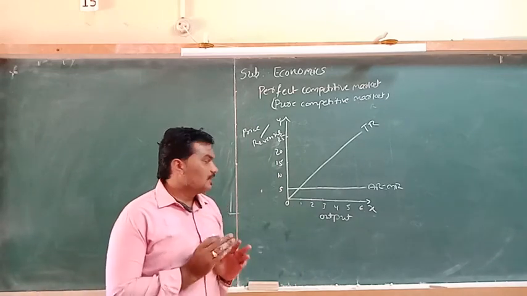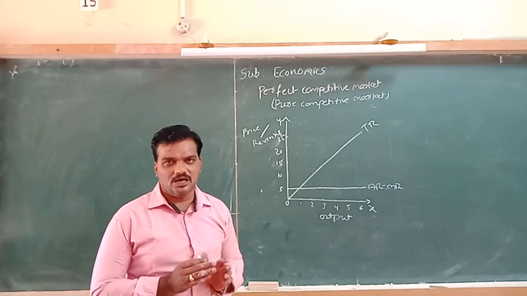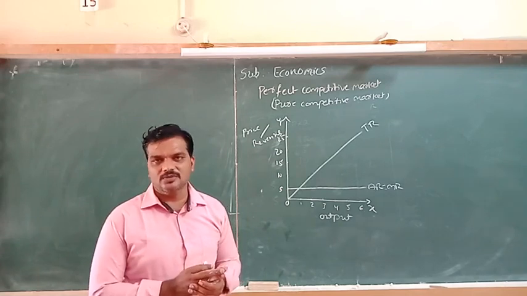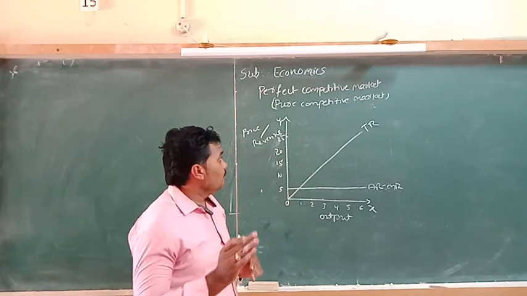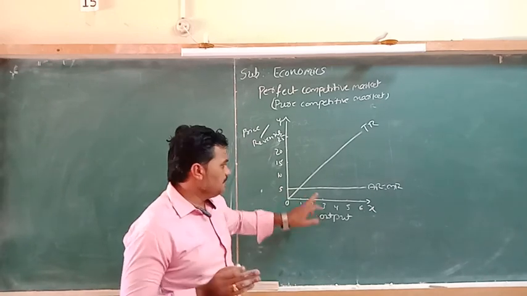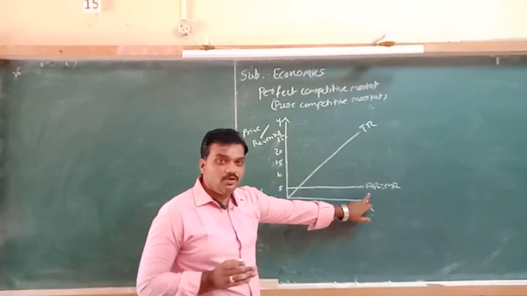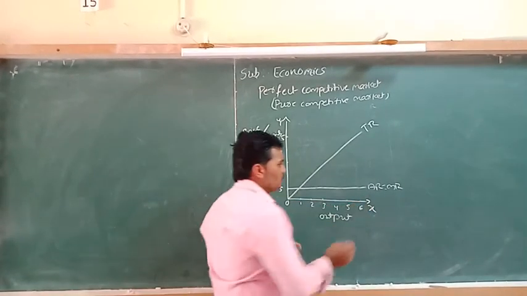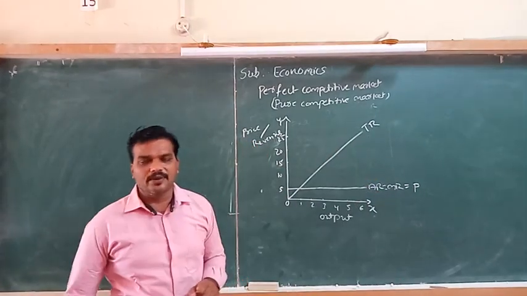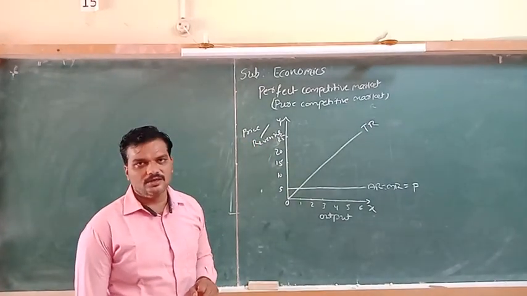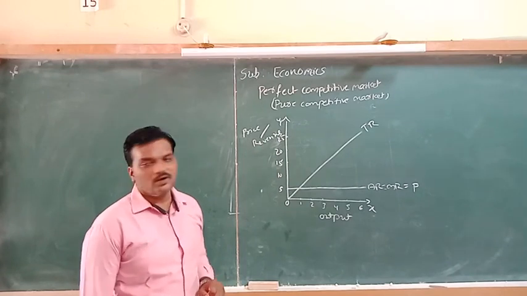In a perfectly competitive market, the average revenue curve is also the price line. This is very important for a 4 mark question.